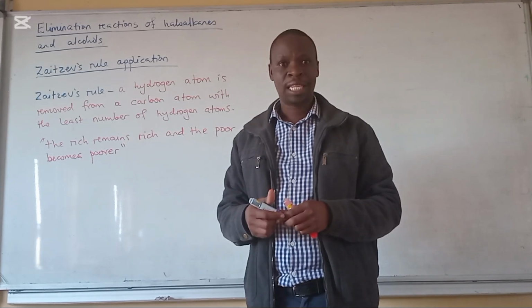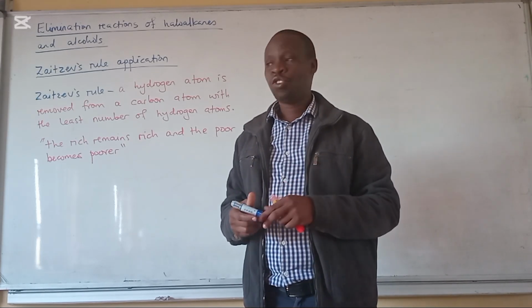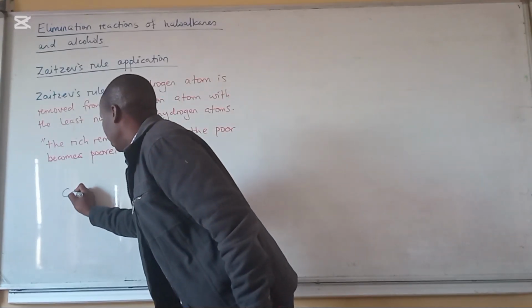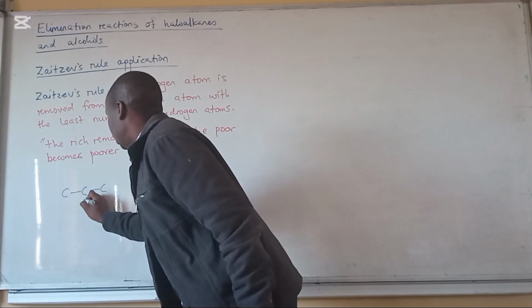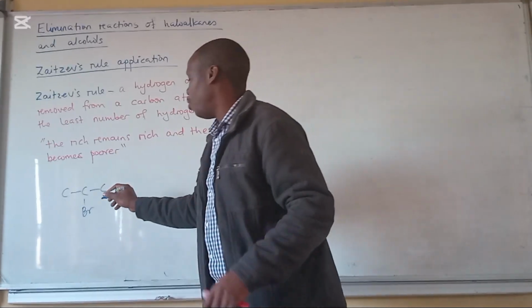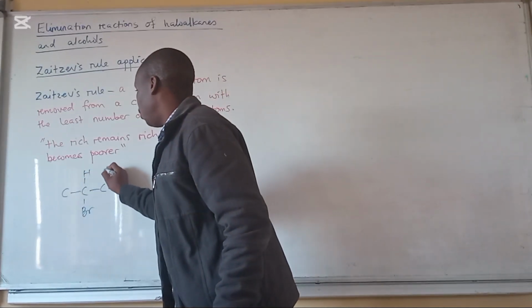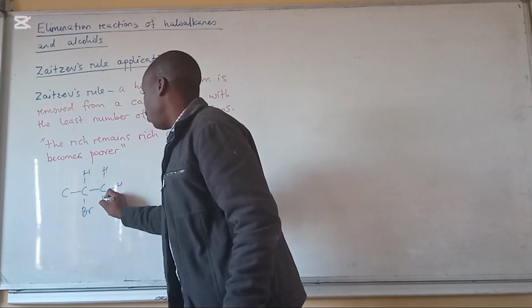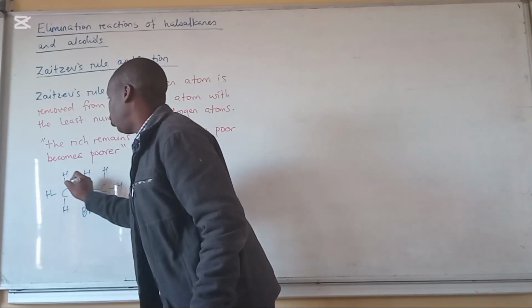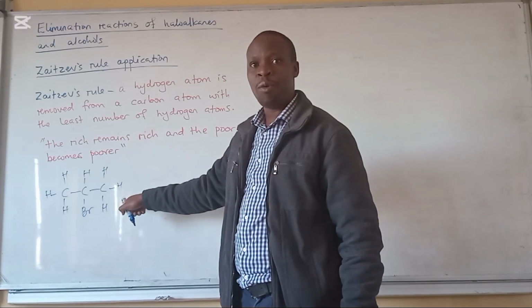I'm going to start with 2-bromopropane. So my bromine is going to be on carbon atom number 2. This is the haloalkane.